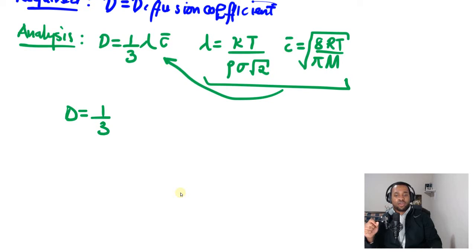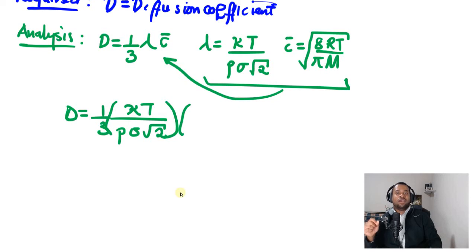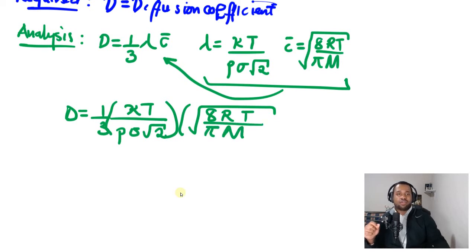Therefore, 1/3 will be multiplied by kT all over pressure, all times the square root of 2, and this is going to be multiplied by c, which is the square root of 8 multiplied by RT all over pi times the molecular weight. So take note that we are going to put our givens in this particular equation, and we're going to solve for our D.